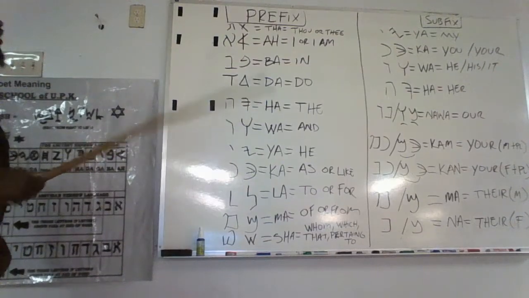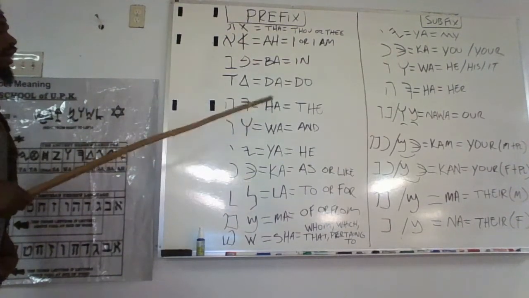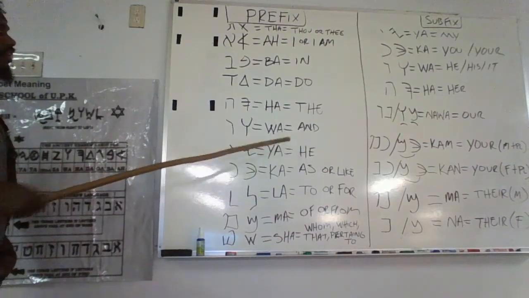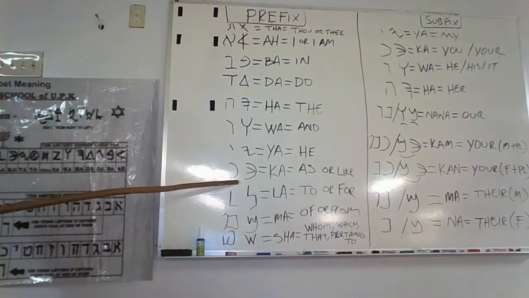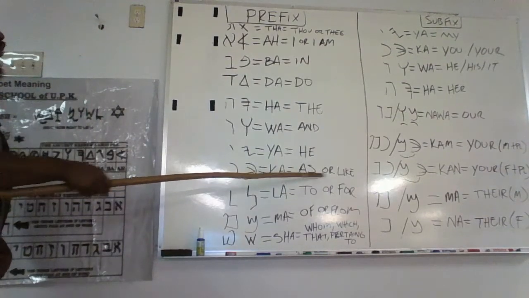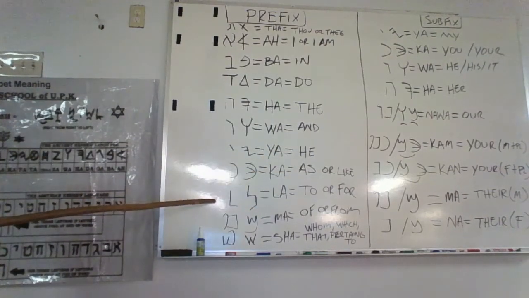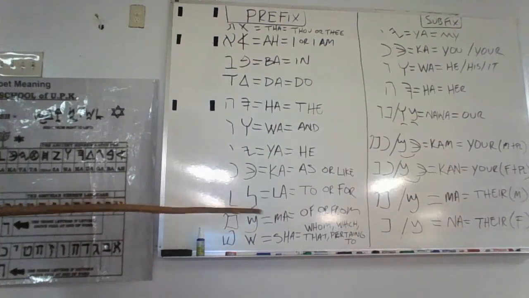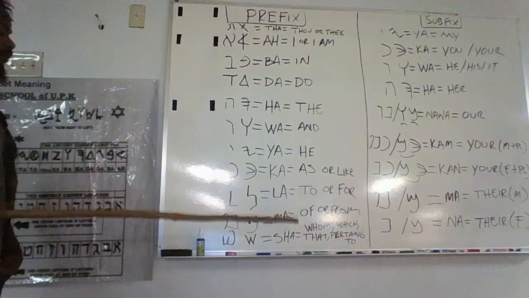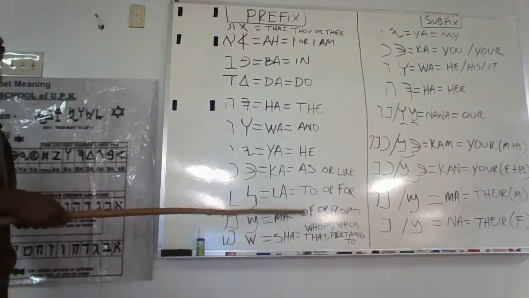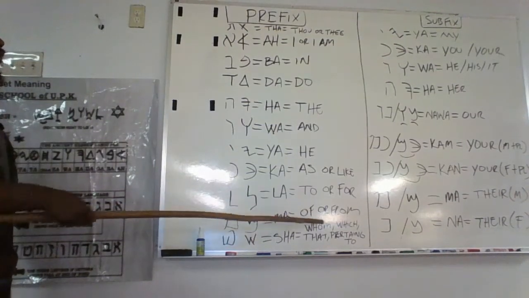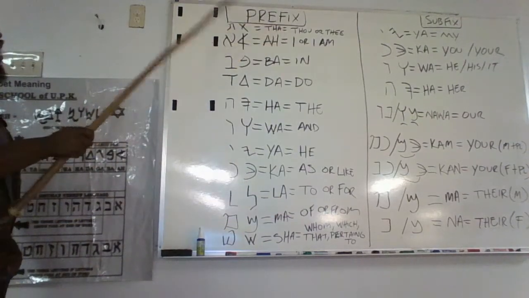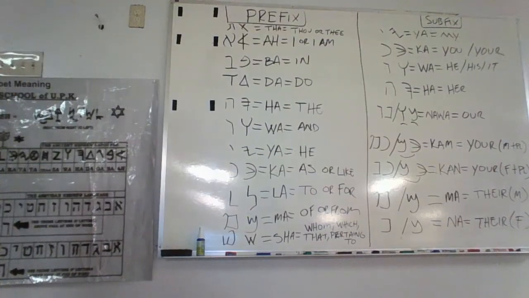Ha as a prefix is the. Wa is and. Ya is he. Ka is as or like. La is to or for. Ma is of or from. Sha is whom, which, that, or pertaining to. And then the is thou or thee.